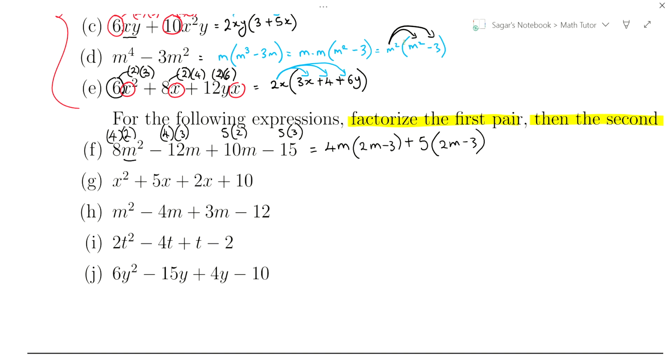Now we see we have another set of common terms, which is 2m minus 3. Let's just call this t, for example. Let's factor out t. T, open brackets, 4m plus 5.